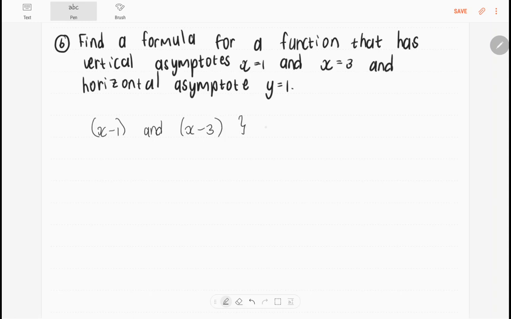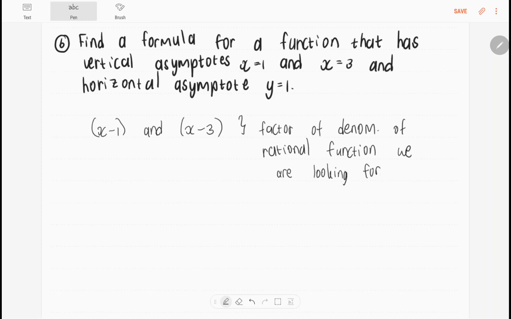So they have to be factors of the denominator of the rational function that we are looking for.